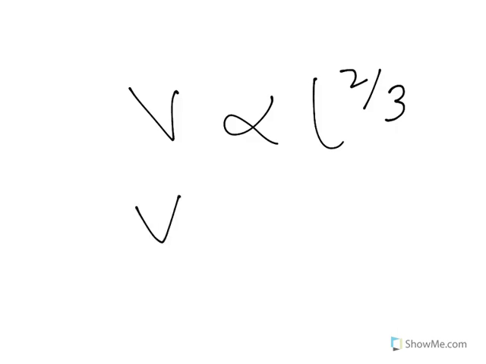Or if we had the velocity is proportional to length to the -1, or 1 over length, then as length increases, we should expect the velocity to decrease. This knowledge allows us to remember certain equations just by thinking about them with a little bit of common sense.